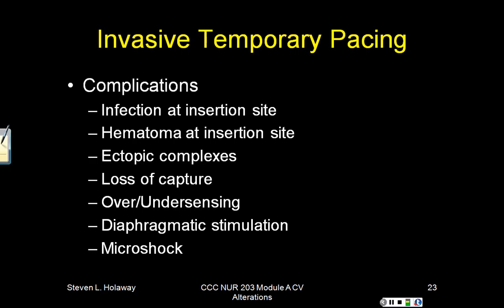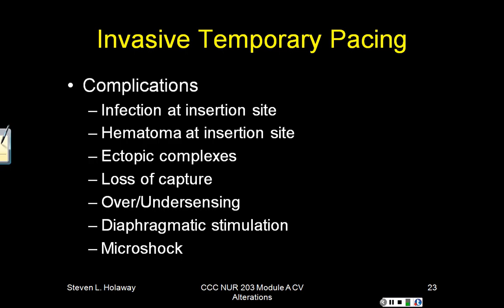You can get ectopic complexes. Because this pacer wire is moving around within the ventricle, you can develop PVCs from it. If the patient moves or turns, you can get loss of capture. Loss of capture means the pacer is still firing, but the heart is not capturing that electrical activity, so you're not getting a QRS complex.